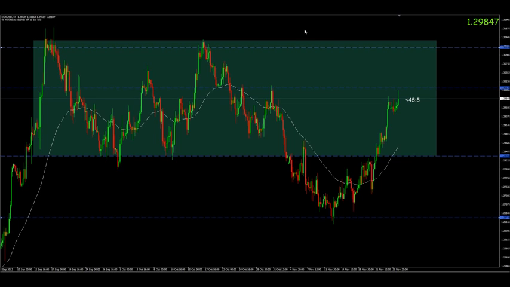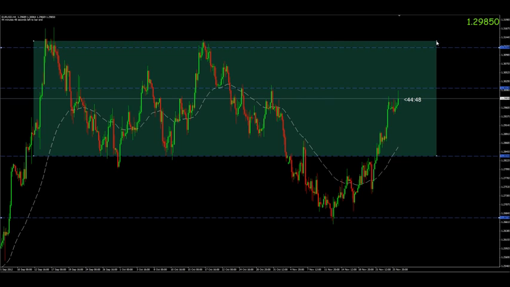So these areas help us to identify targets and where to put stop losses, and whether we should enter a trade or not. I use them a lot, and they work, and they're very noticeable on time frames like the H4. So if you want to get more than 100 pips per trade, this is the time frame you should flick onto: the H4.